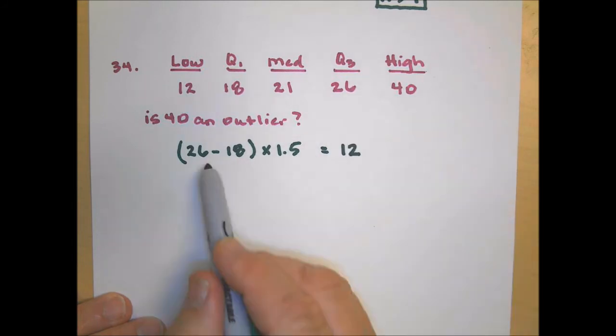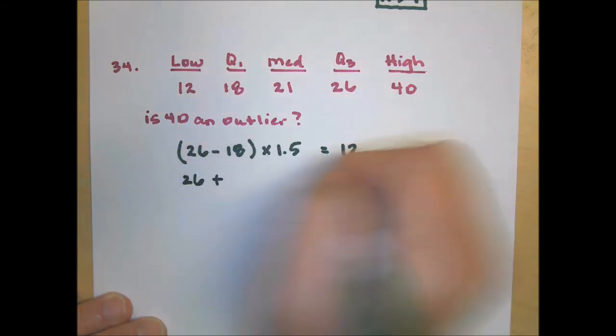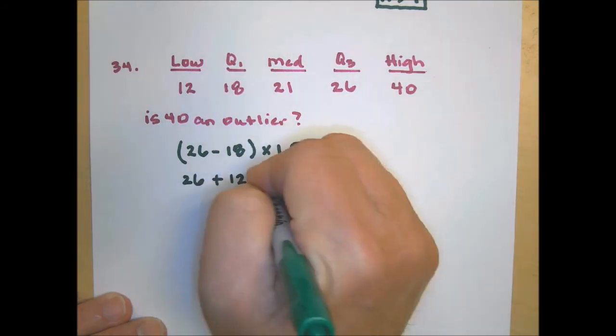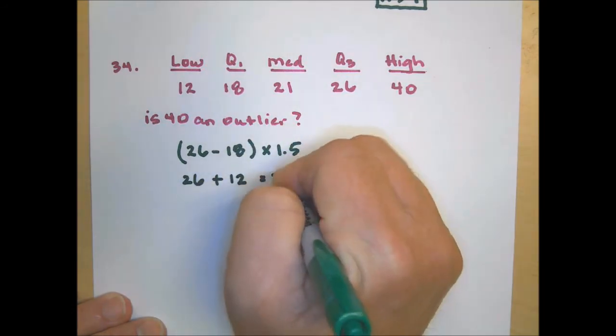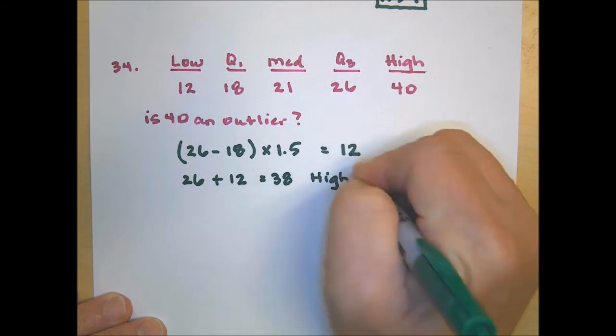Now really they only asked about the number 40, so we really only need to check the high boundary. So we're going to take the Q3, which is 26, and add the 12, and we're going to get 38. That's the upper or the high boundary.